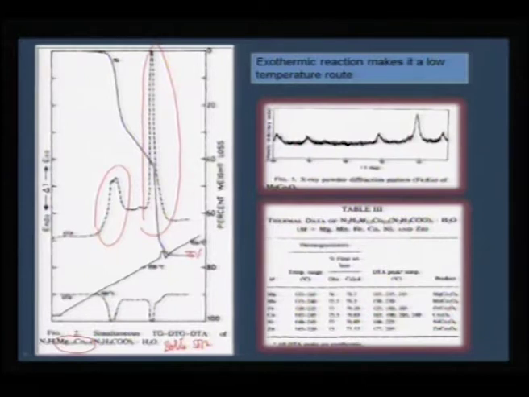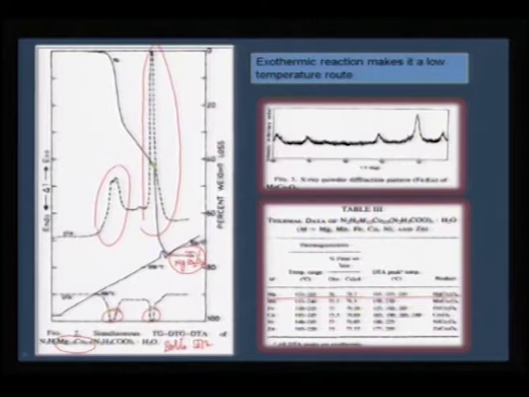So, initially there is a decomposition followed by another decomposition which is clearly seen, and in the DTG you can see there are two-step decompositions, and the best part of this study is that the decomposition is over below 250 degrees C maximum. So, the final product that I will be getting here is nothing but magnesium cobaltite. That is what we see here.